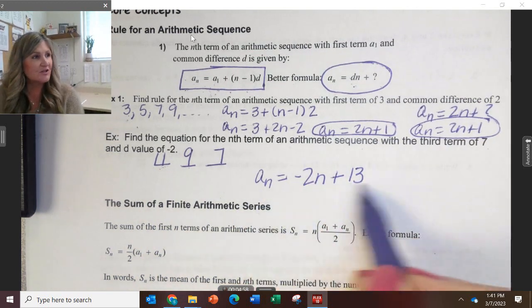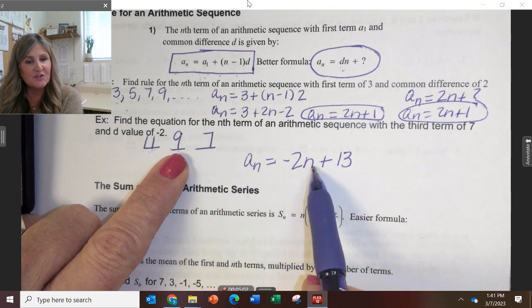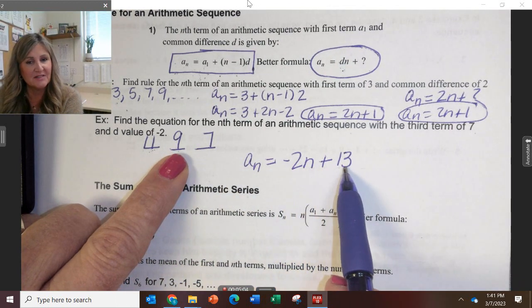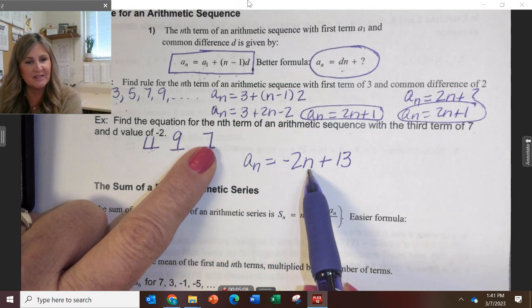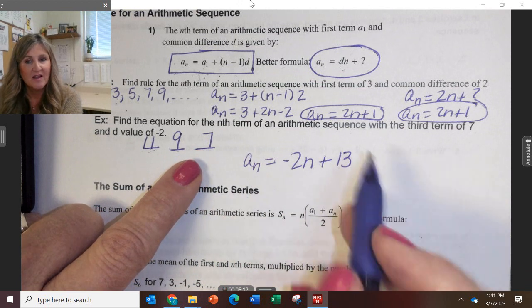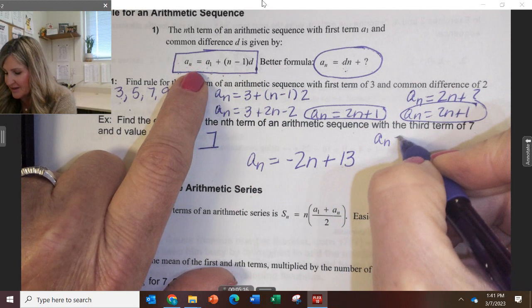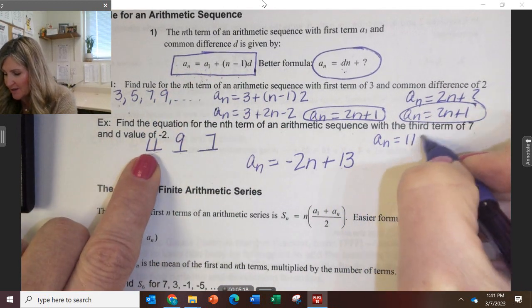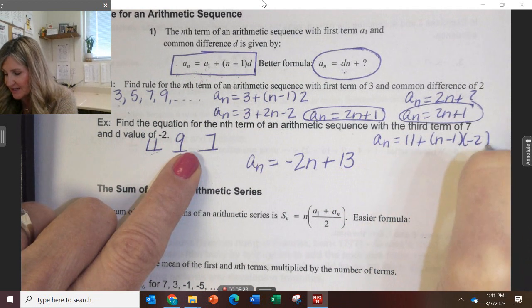Okay, so if you can do it that way, great. Now I should check my second term. Negative 2 times 2 is negative 4, plus 13 is 9. Let's check that one. Negative 2 times 3 is negative 6, plus 13 is 7. It works. Or I could have used this formula, guys. I could have done a sub n equals a sub 1 plus n minus 1 times d.